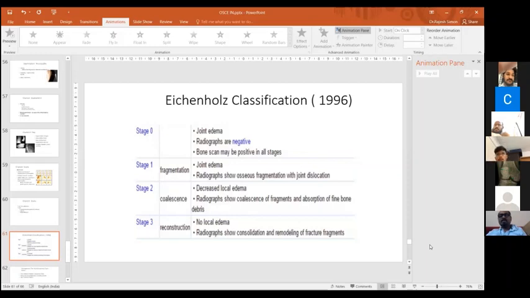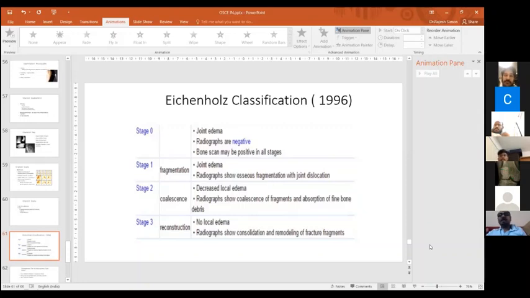So that is where you have to diagnose Charcot, and that is where you have to sit patiently and talk to the patient, saying that this is a possible catastrophe that can happen. Let us put you in a plaster. Let us see whether you are getting better or not.